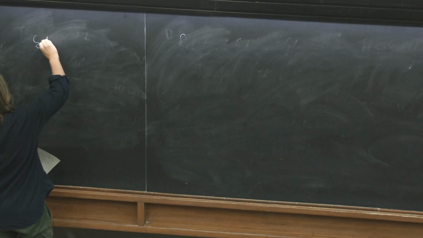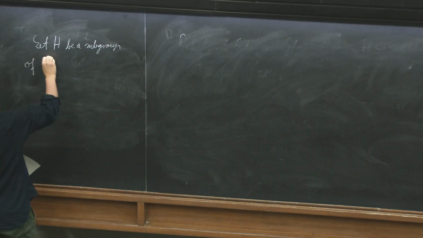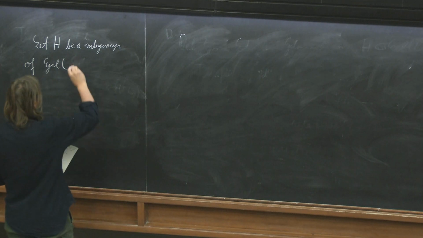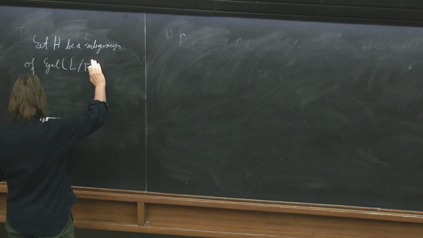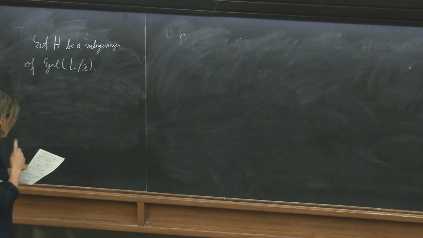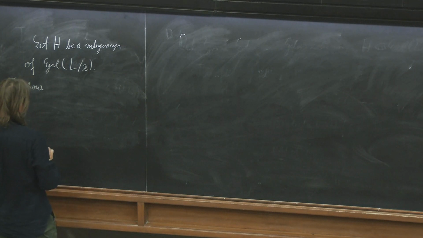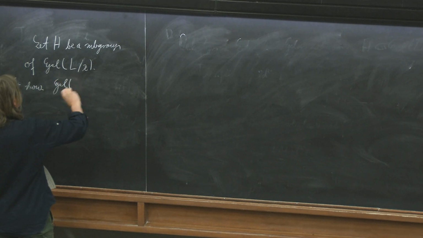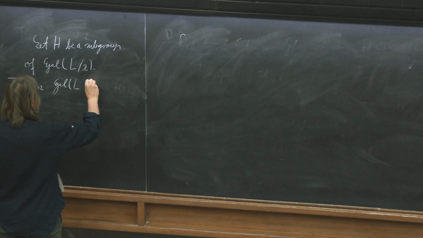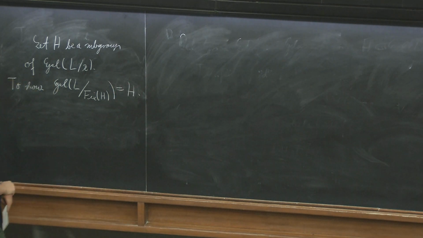So now let H be a subgroup of the Galois group of L over K. And we have to show the Galois group of L over the fixed field of H is H. So one inclusion is clear.